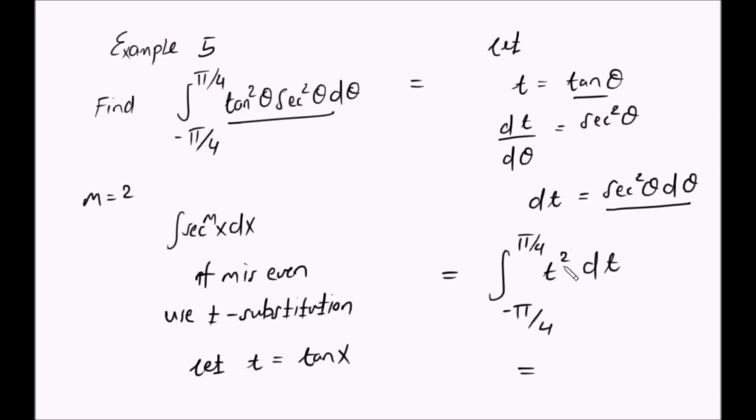So integrating t squared with respect to t I will get t power 3 over 3. I don't put plus c because this is a definite integral. So there will be negative pi over 4 at the bottom and pi over 4 at the top. Let's start a new page.